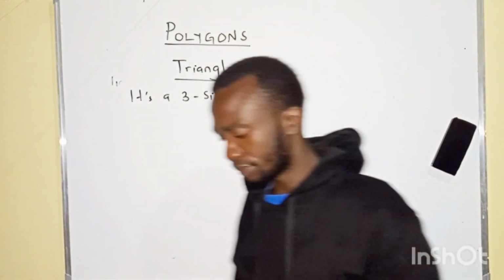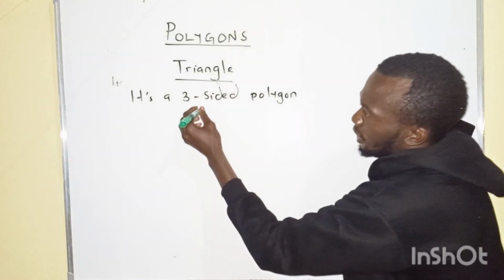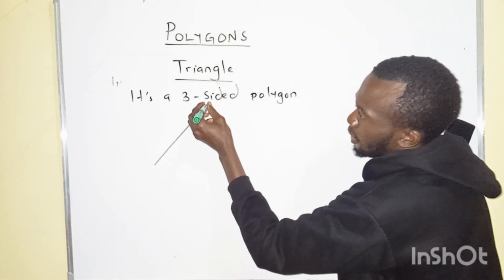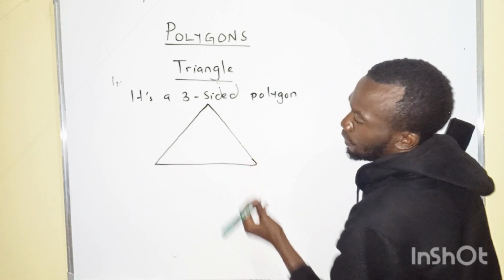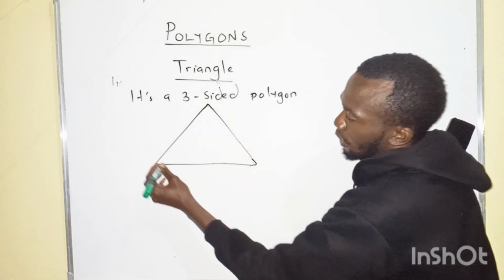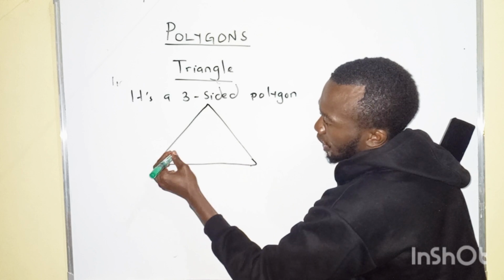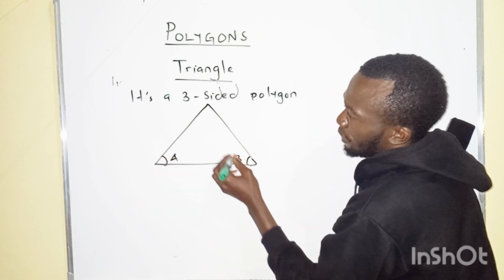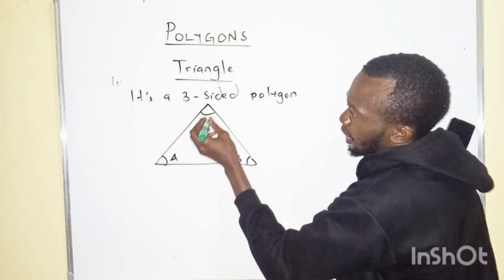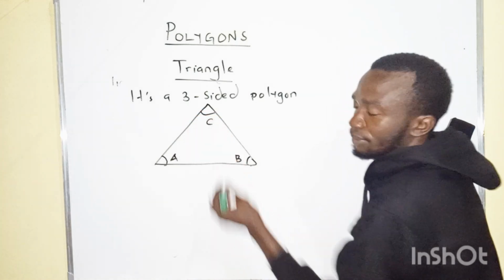When you have a sketch of a triangle, we call the angle at this particular point A, the angle at this point B, and the angle at this point C.